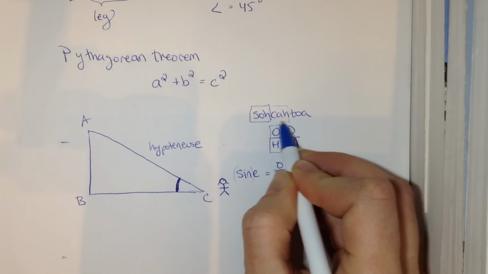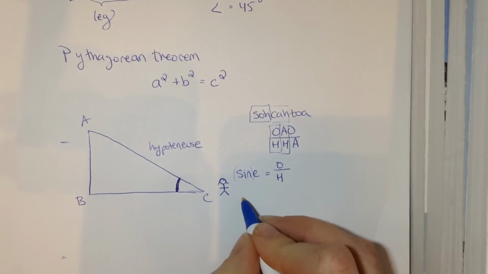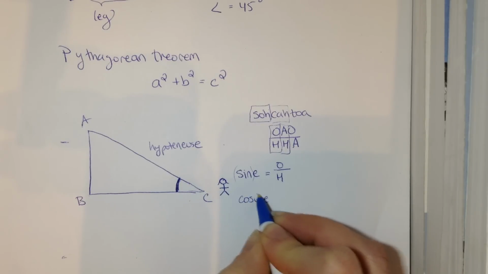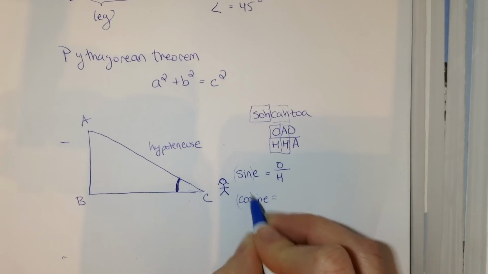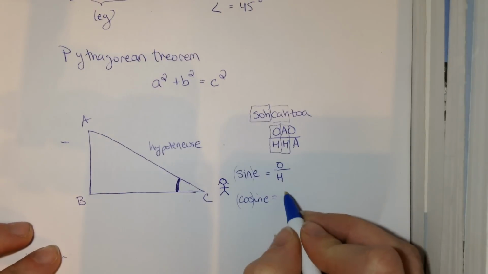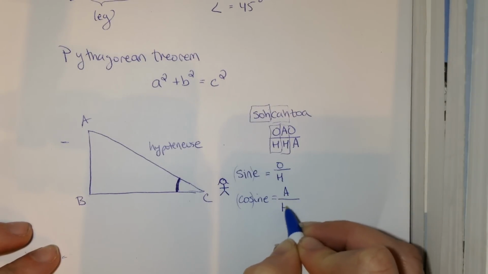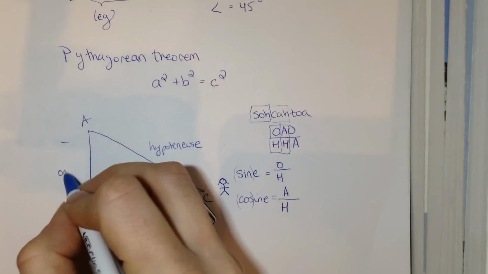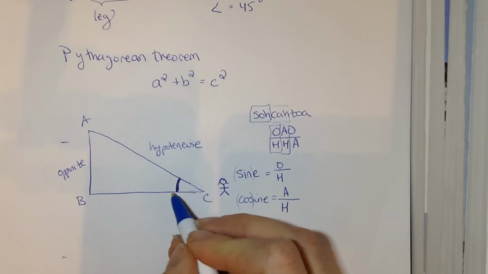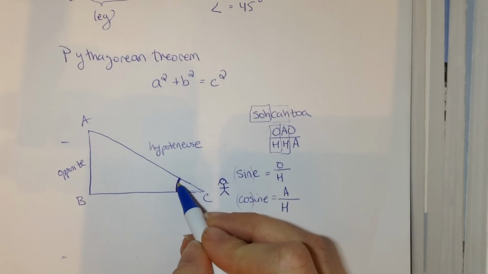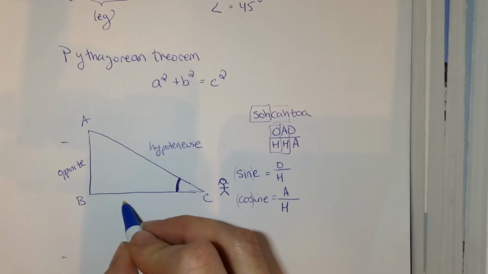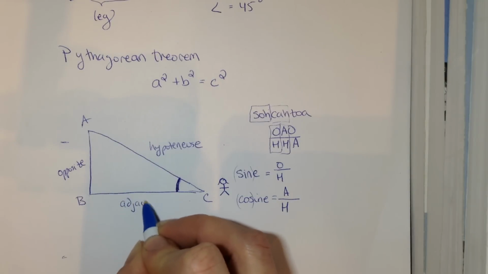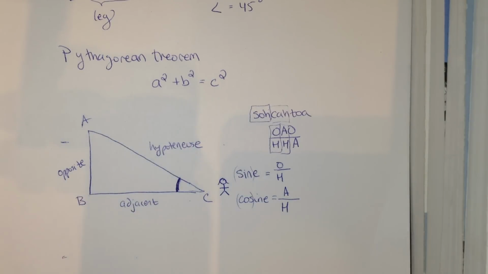We've got another trig function. It comes from CAH in SOHCAHTOA, or A over H: cosine. We abbreviate that COS, and this is adjacent over hypotenuse. If this is my opposite side, again, it depends on the angle we're looking at, then this is my adjacent side right here.